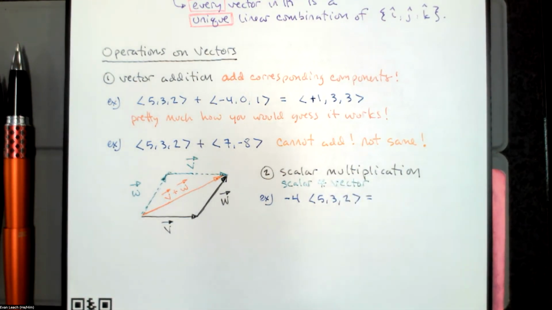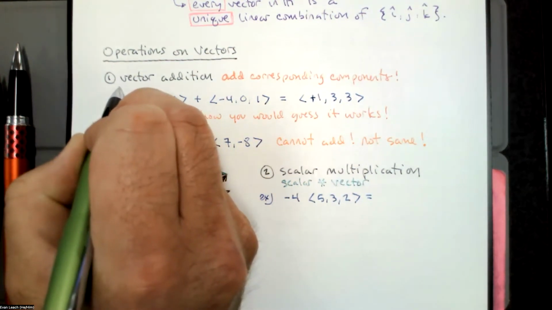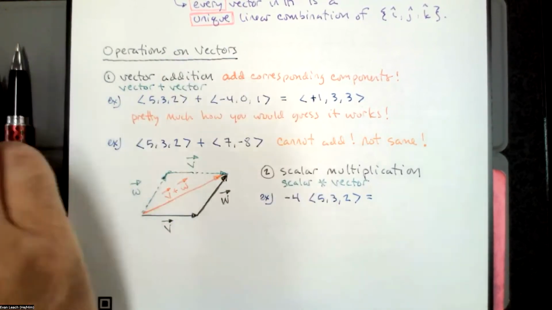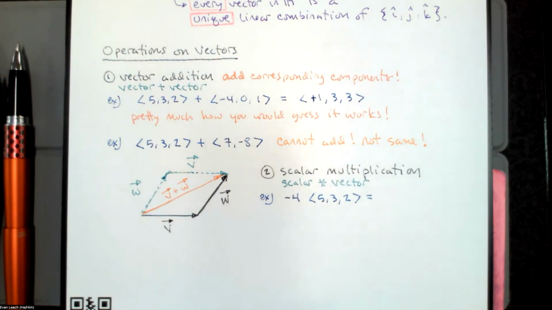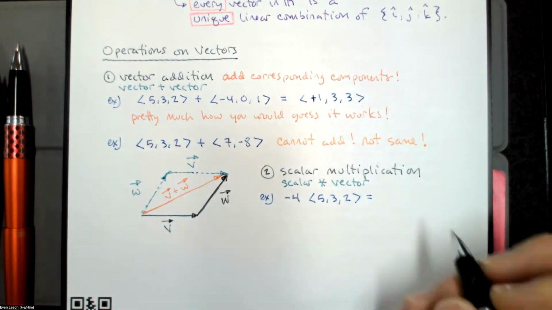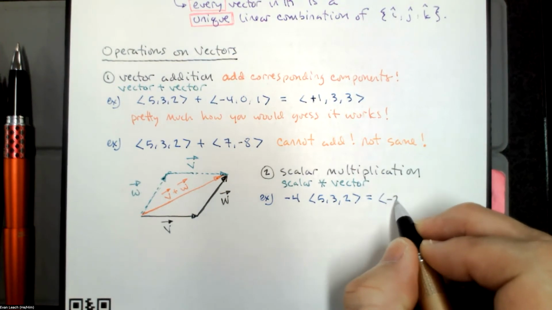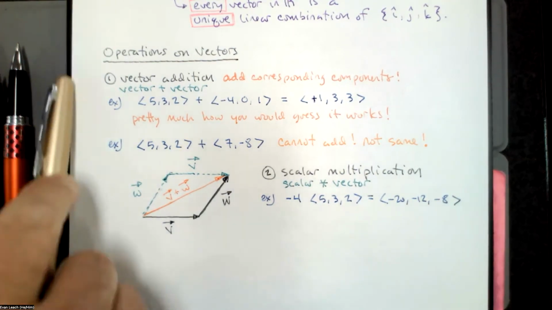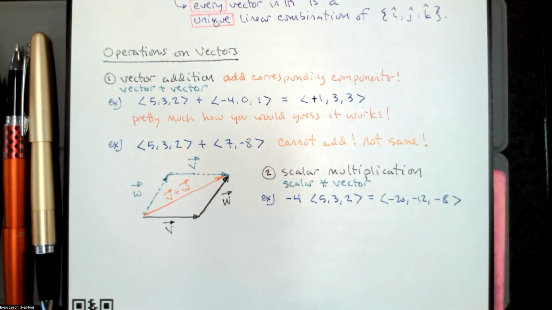In vector addition, we had a vector plus a vector. Unsurprisingly, when you multiply a vector by a scalar, you just multiply every component by that scalar. So we end up with -20, -12, -8. Multiply each component by the scalar.